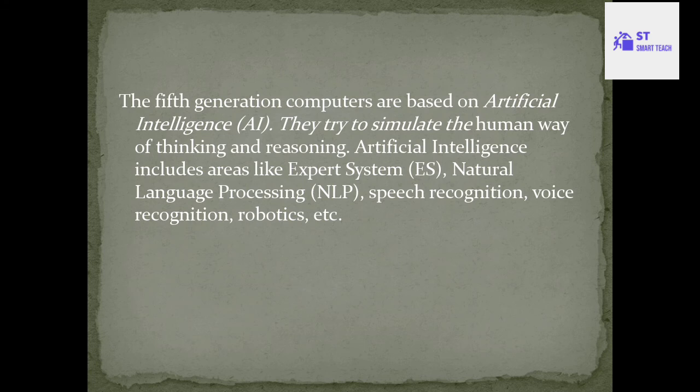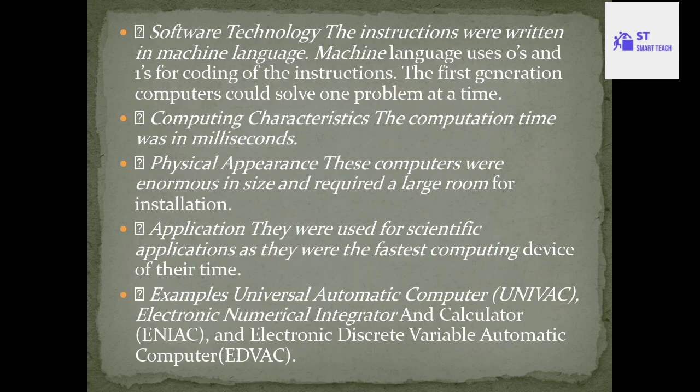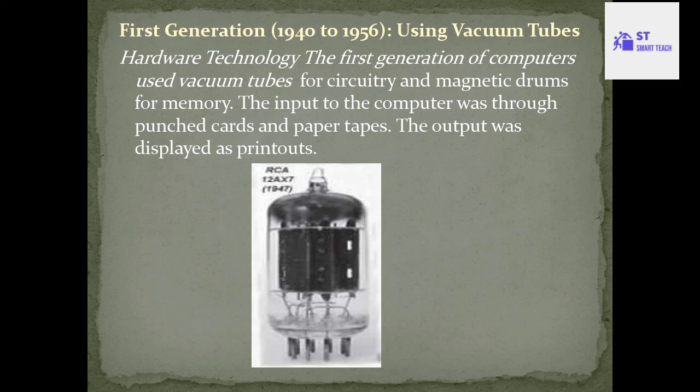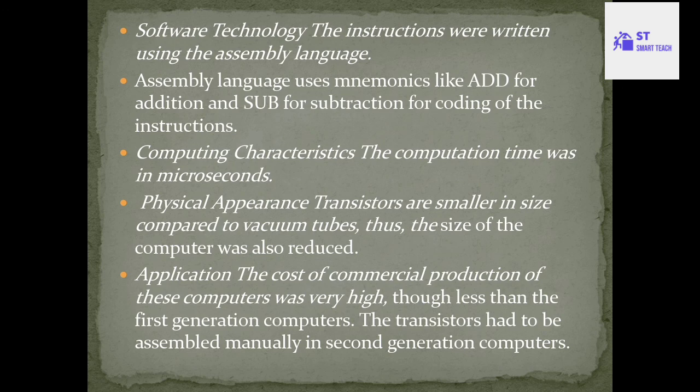Five generations. In first generation, vacuum tubes were used and the development years were 1940 to 1956. The software technology is machine language. Next, second generation computers used transistors and the development years were 1956 to 1963. The software technology is assembly level language.